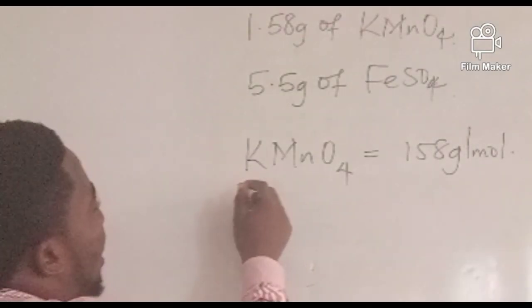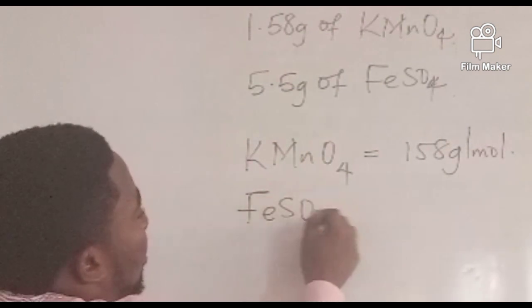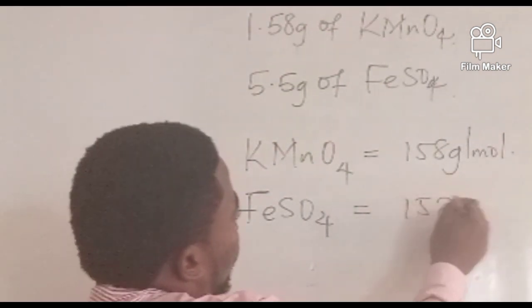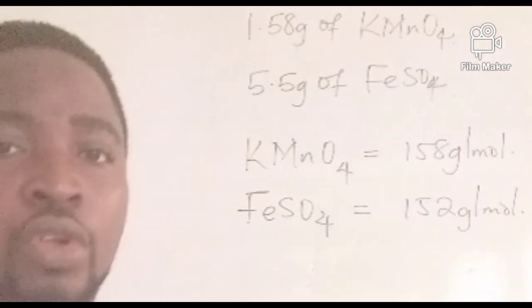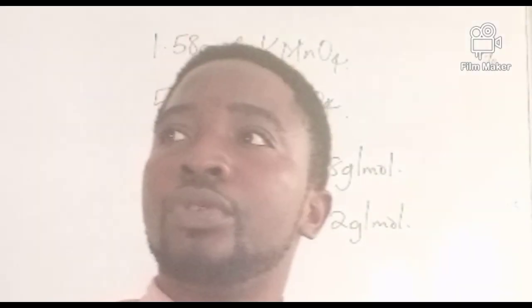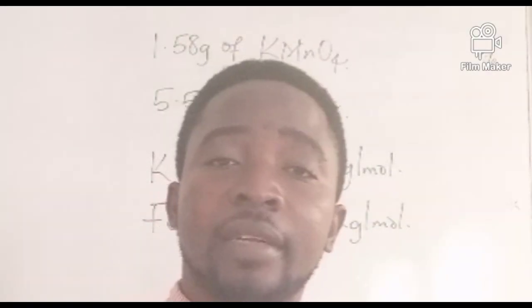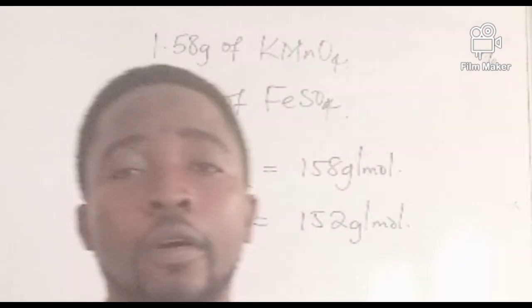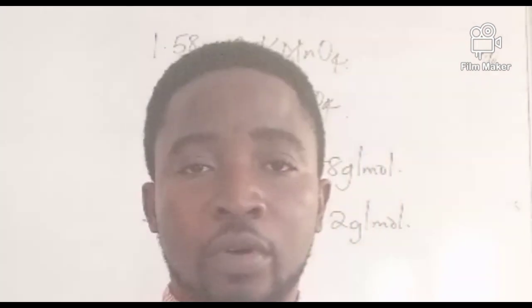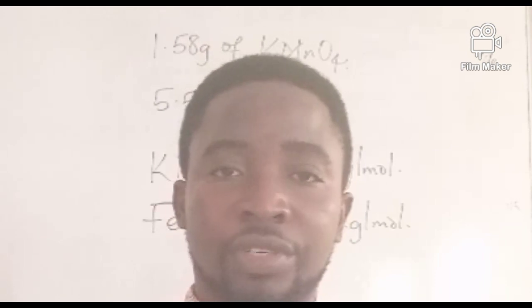And then the molar mass of the iron 2 sulfate is 152 grams per mole. So with these parameters provided, I am going to use them to obtain the expected endpoint, or what I call the ideal endpoint for this year's redox titration.